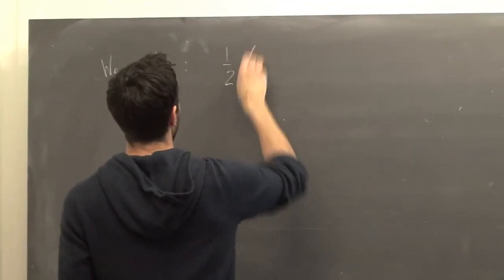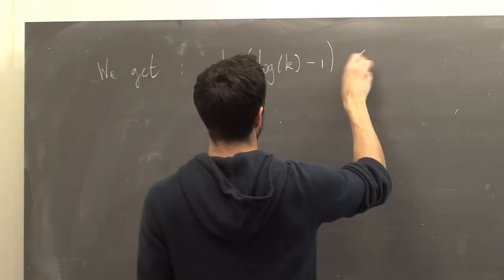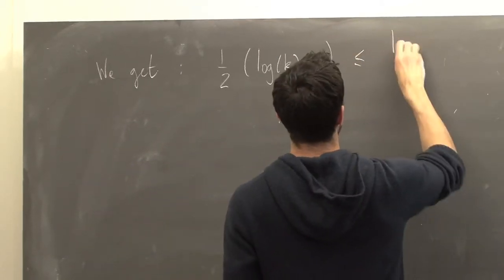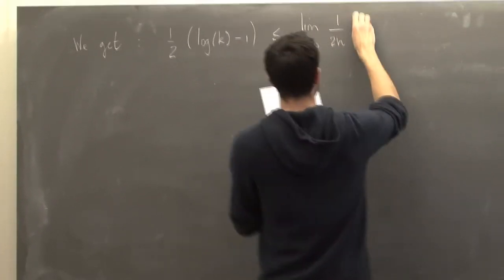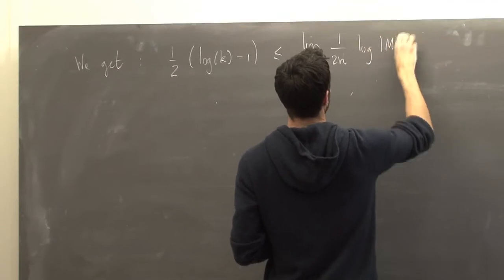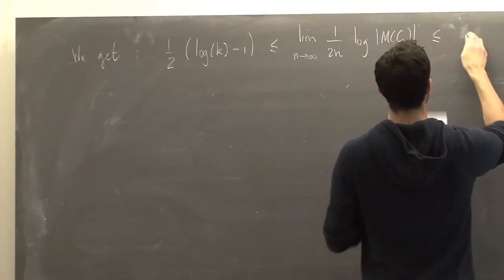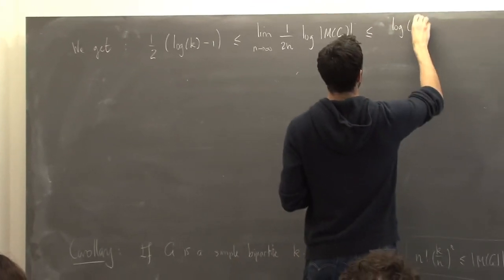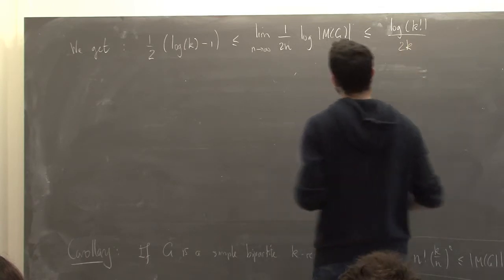We get the following: 1/2 log of (k minus 1) is less or equal to the limit as n goes to infinity of 1 over 2n log of the number of perfect matchings, less or equal to log of k factorial over 2k.